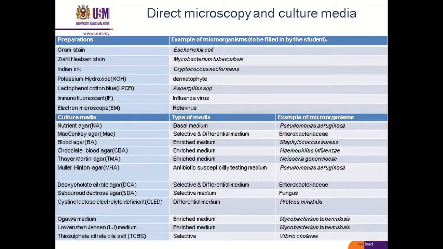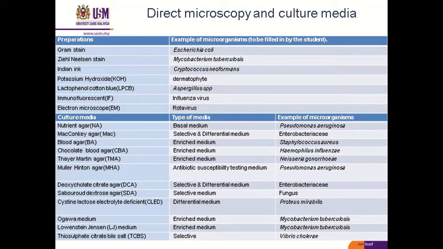For fungus, we can use Sabouraud dextrose agar, which is a selective medium for fungus. And for urine microorganisms such as Proteus mirabilis, we use cysteine lactose electrolyte deficient agar. We use this CLED agar so that we can prevent swarming in Proteus mirabilis.